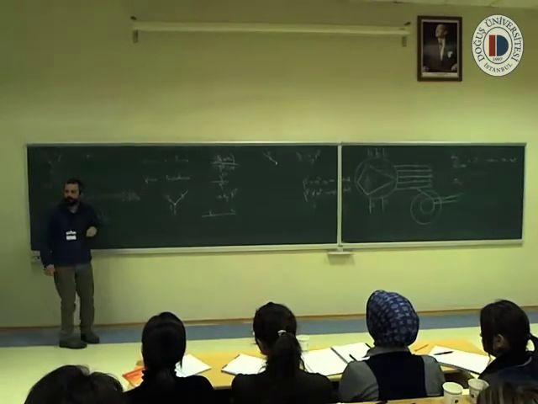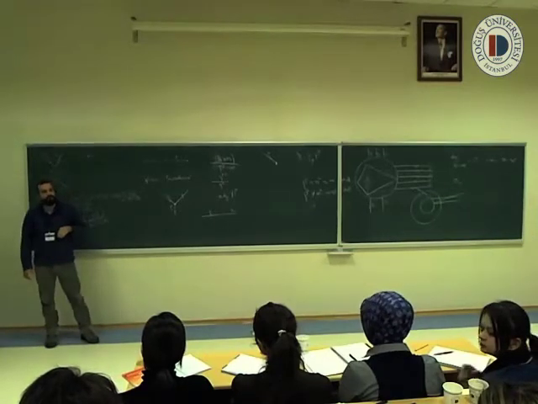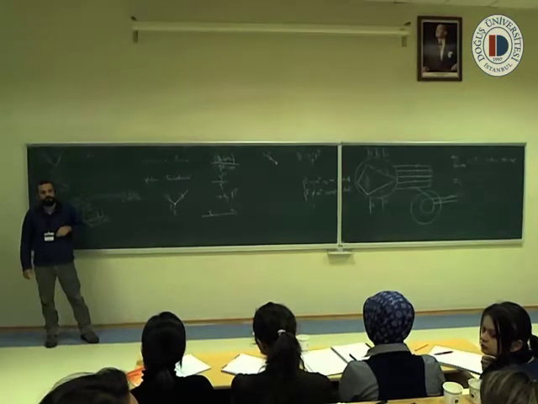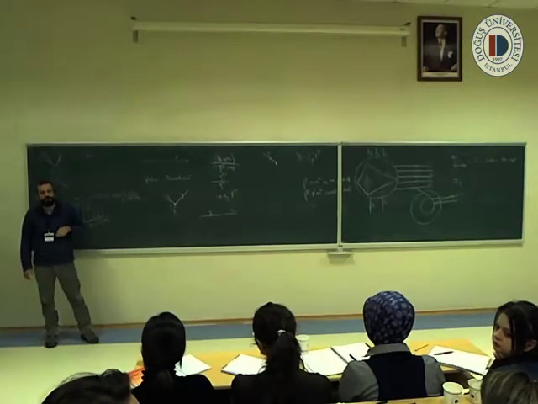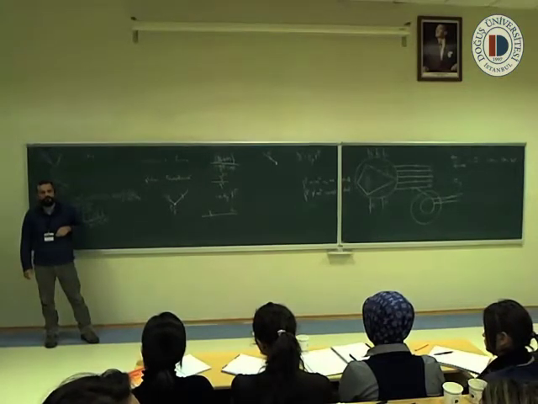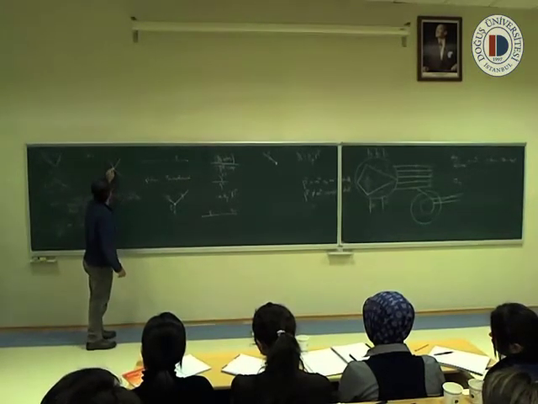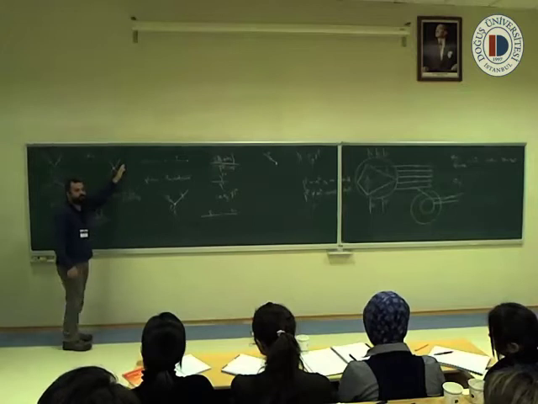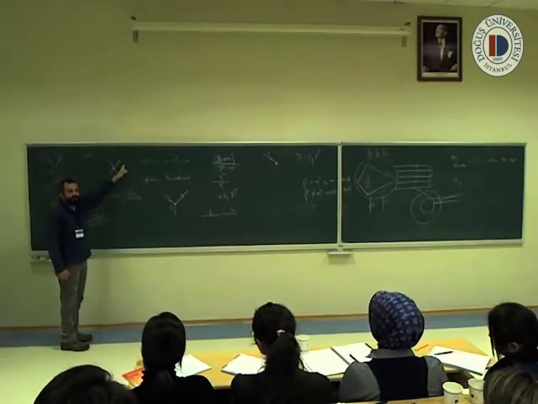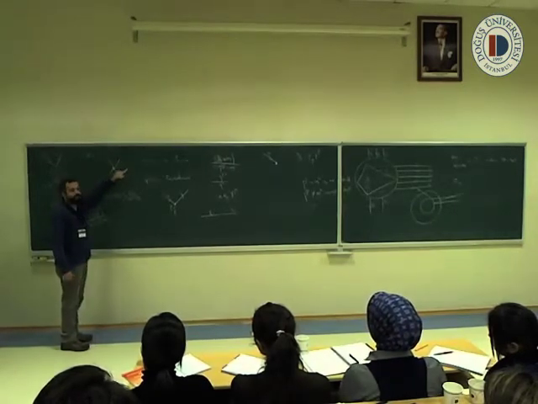I think he's talking about the 4-point interaction. Yes, one point. So you are talking about this process. Well, here there are no vertices. There are no fermion lines connecting two vertices.